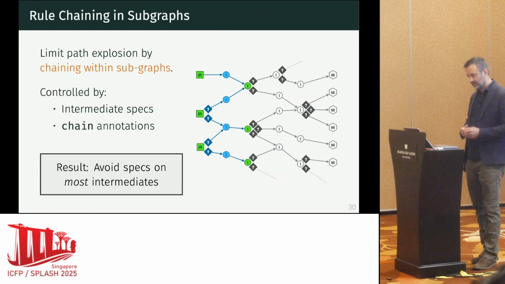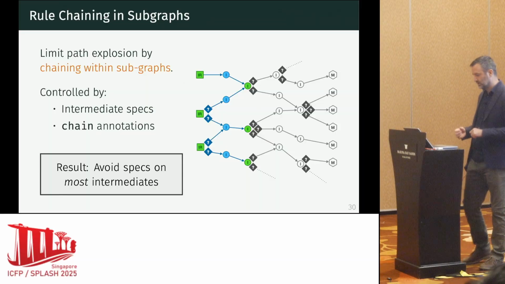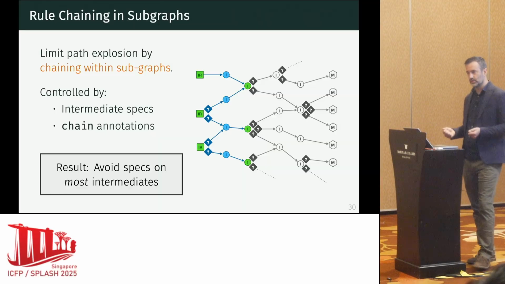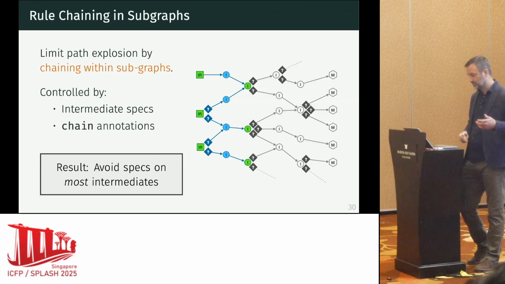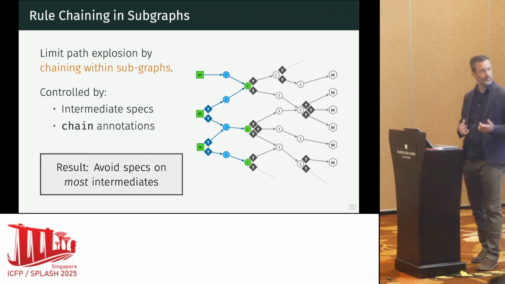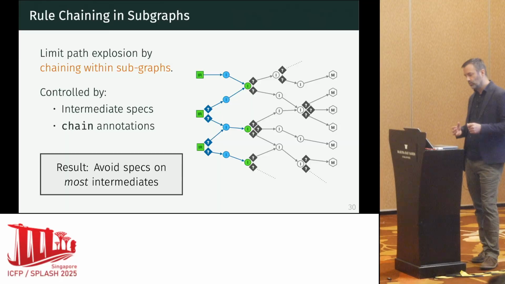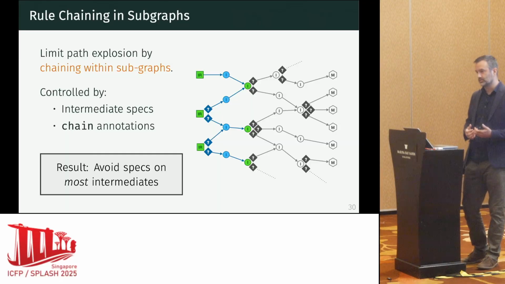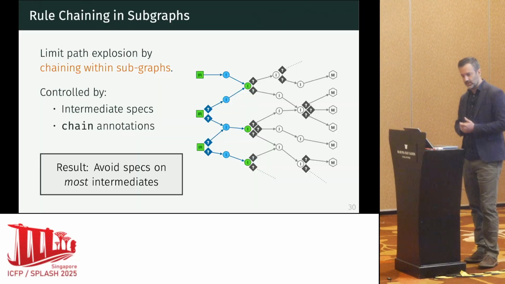So the insight of rule chaining is that we can gain most of the benefit by applying this technique within subgraphs. And Arrival provides control to the developer by placing intermediate specifications, as well as annotations to control the use of rule chaining. And the result is that we can avoid specifications on most intermediate nodes while keeping this path explosion in check. So that's how we deal with intermediate nodes.